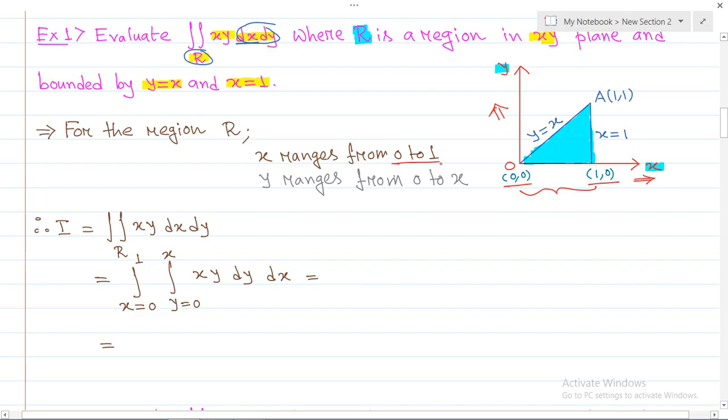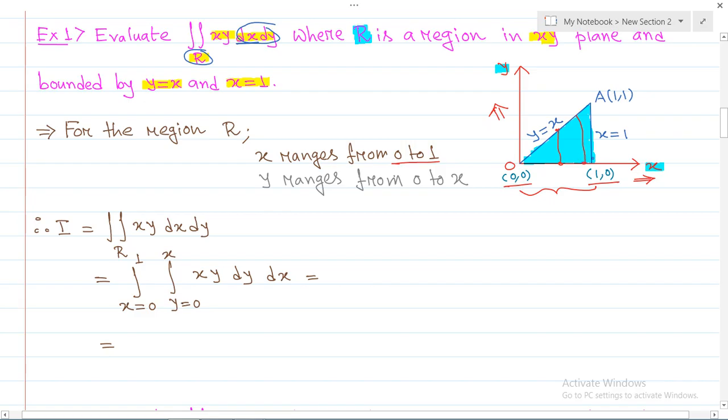whereas y we measure along the vertical direction. Now how to measure y for this rectangle? To get the rectangle, we have to start y from the x-axis and go straight up to the line y equals x. So y will start from the x-axis and go up to y equals x.